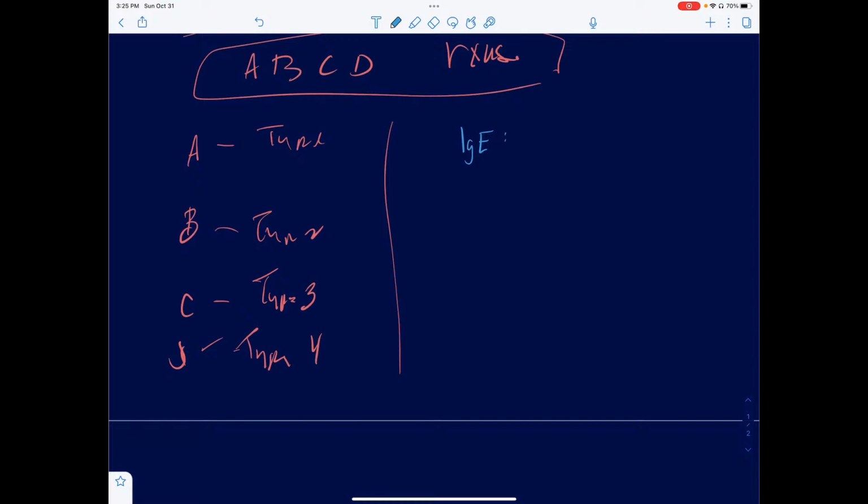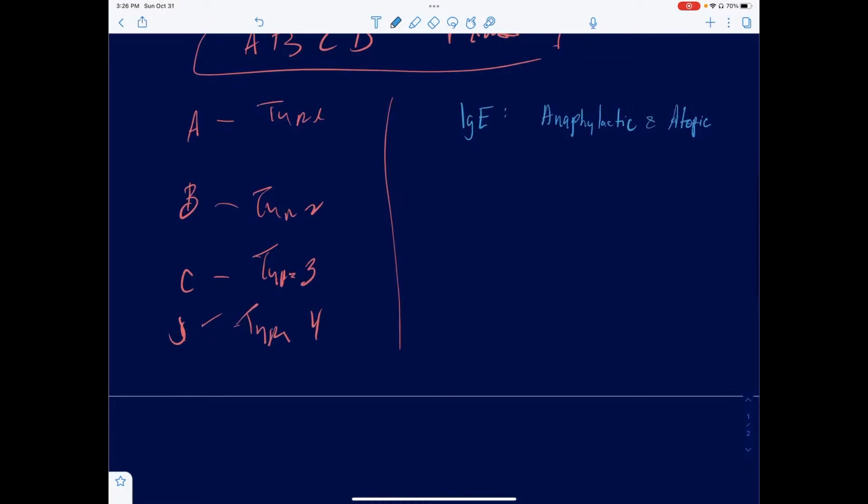And here we're gonna just remember it as A for anaphylactic and atopic. Okay. For type B, we said it's IgG or IgM.